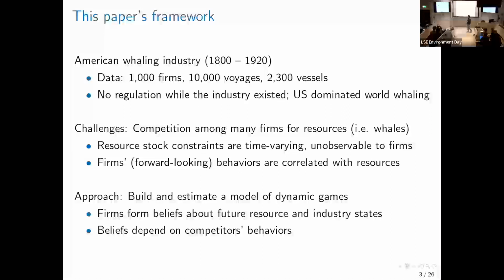So to tackle this issue, I built and estimated a model of dynamic games to capture the competition among many firms. And then I assume firms form beliefs about future resource and industry state transitions. So even though firms do not exactly know the number of whales out there, they understand how the whale population transitions in relation to competitors' behaviors.